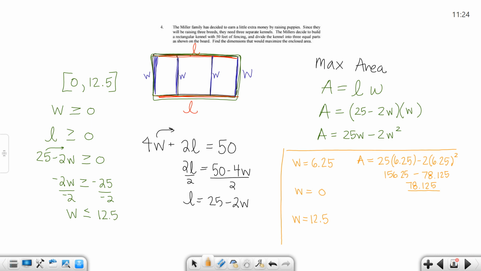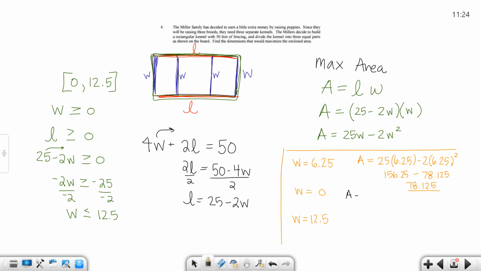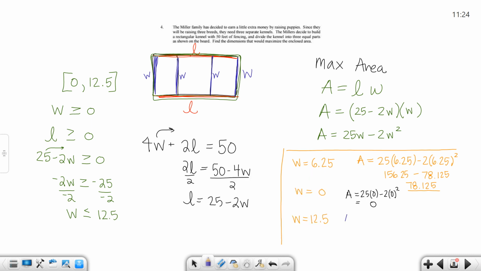Then we can plug in 0. Okay, when I plug in 0, I get 25 times 0 minus 2 times 0 squared. So that would equal 0. I can also plug in 12.5.